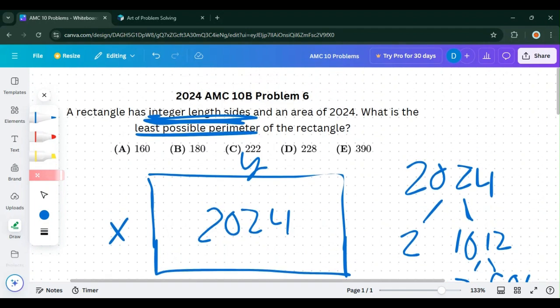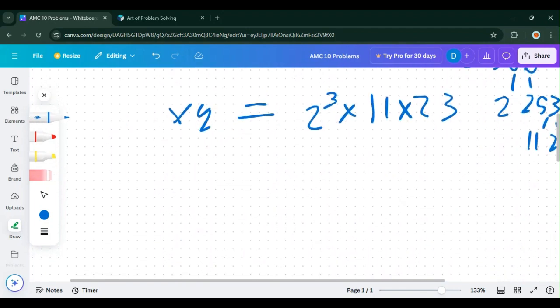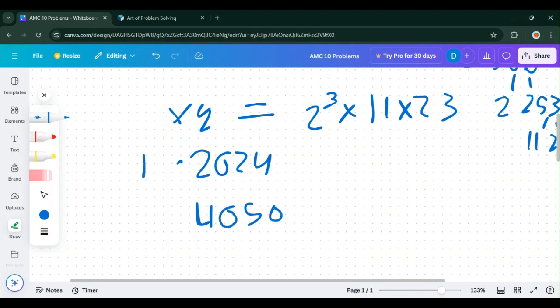And we're trying to find the least possible perimeter. If x is 1 and y is 2024, this won't work, because we see that the perimeter becomes 4050. That's way too much.